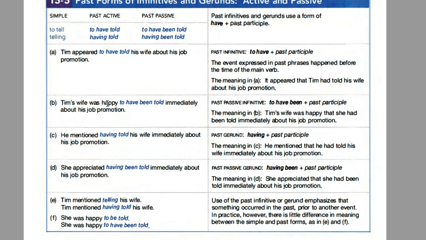So Tim's wife was happy to have been told immediately, because she was the first one her husband informed. He mentioned having told his wife. Having told his wife immediately. So having told his wife, the meaning here is he mentioned that he had told his wife immediately about his job.